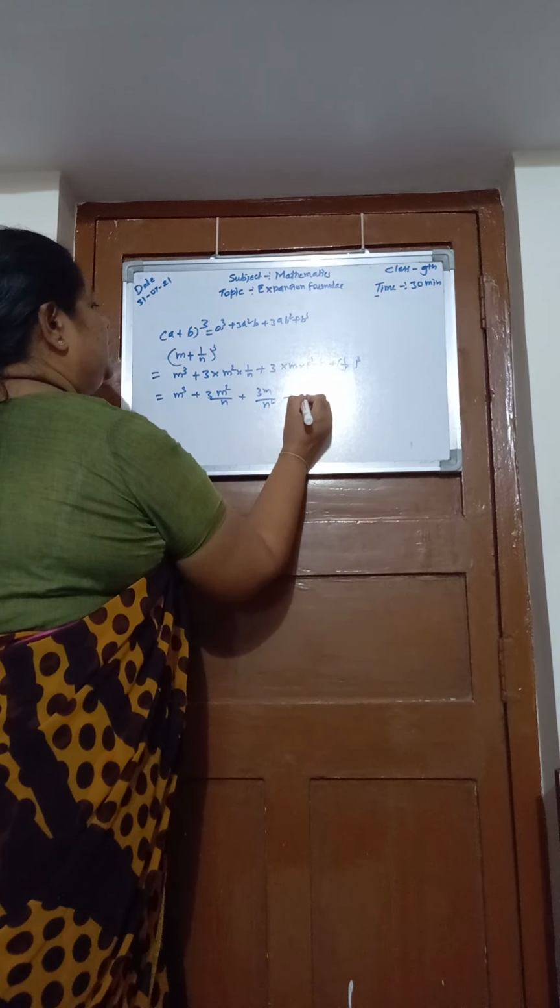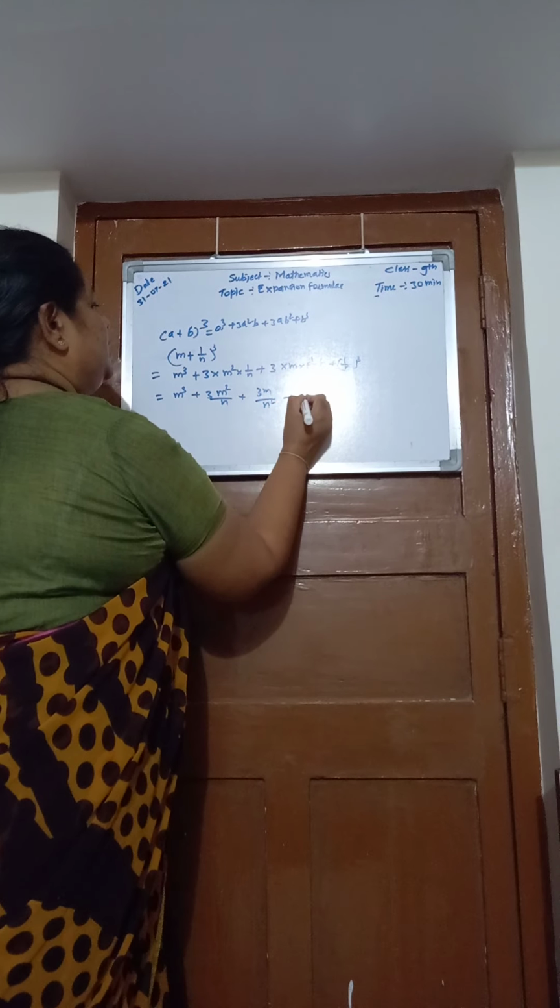Then I am giving you some homework. Before that I will summarize what you have studied here. You have studied the formula (a plus b) whole square, then (a minus b) whole square, then (a plus b) into (a minus b), and then you have studied (a plus b) whole cube.